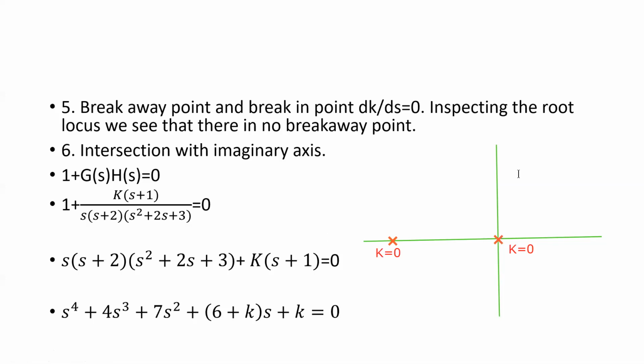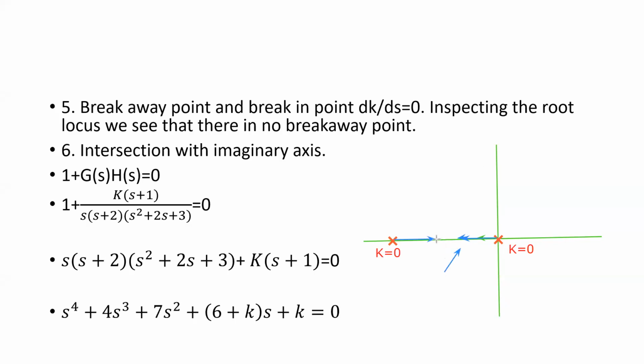At this point, at the pole, the k value, the gain value, will be 0. Now the root locus will start coming out from these poles, from this end and from the other end. As they come out, the k value goes on increasing.